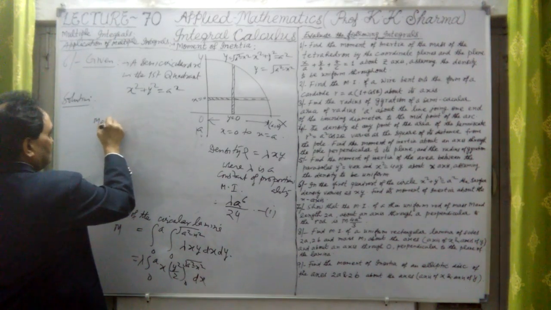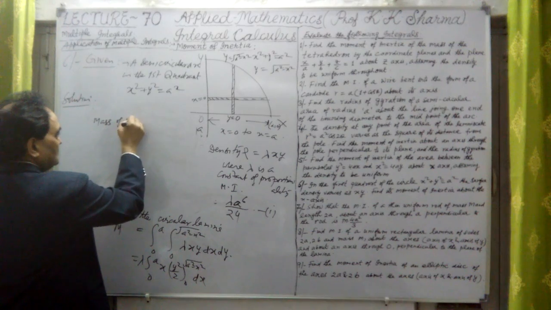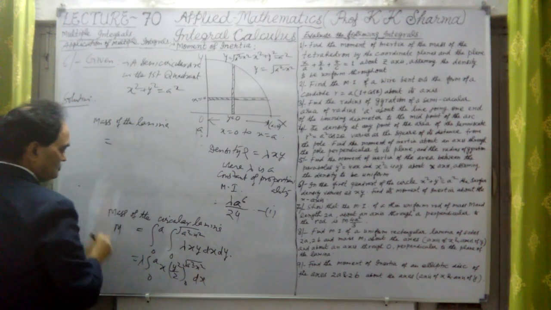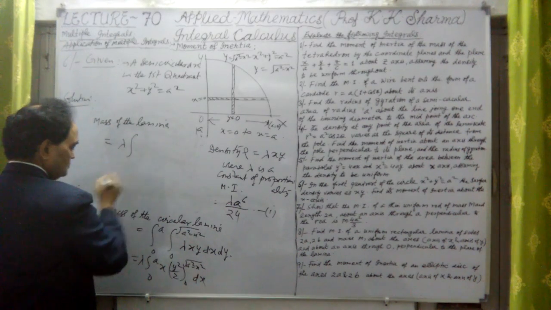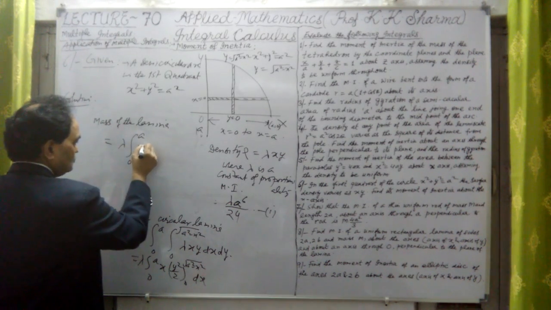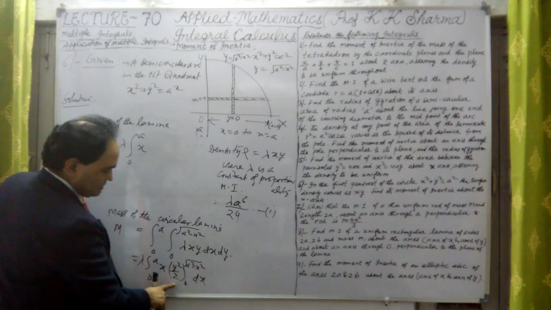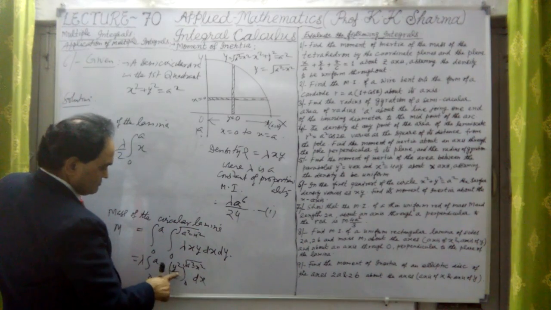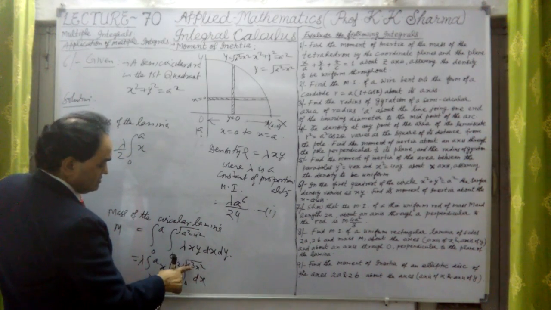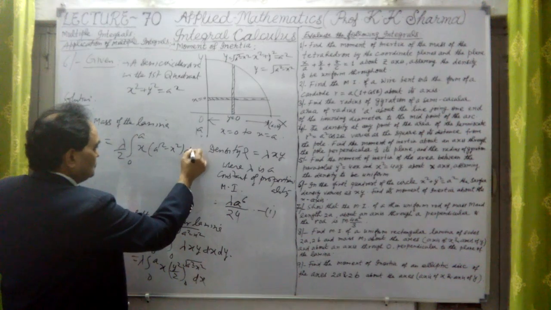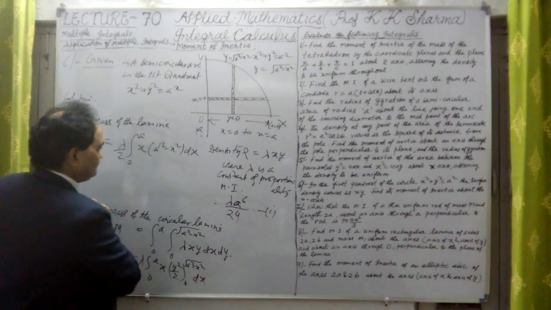Therefore, the mass of the circular lamina here in the first quadrant is equal to lambda into the integral from 0 to A of x, now putting the value here, y upon 2. Let me take this 2 outside, and putting y square as this, this is nothing but (A square minus x square) dx.